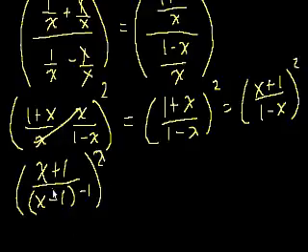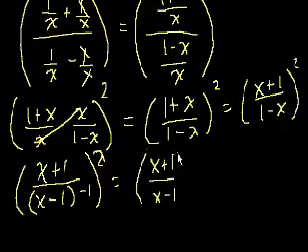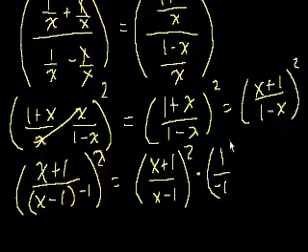Well, this is the same thing as x plus 1 over x minus 1 squared times 1 over negative 1 squared. If you take the square of a product, you could view this as that times 1 over negative 1.